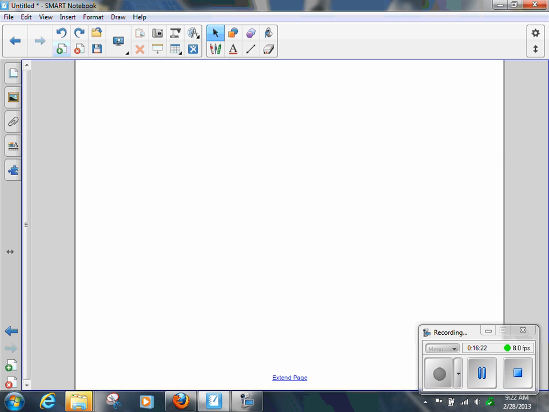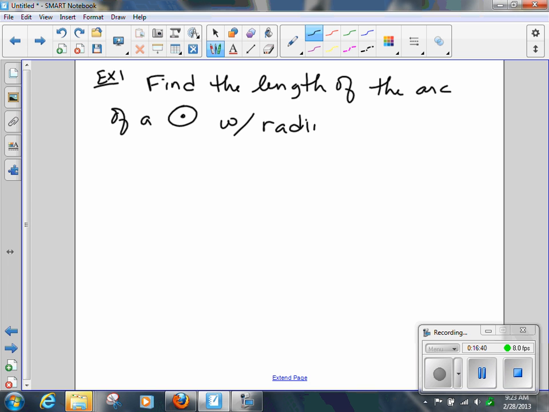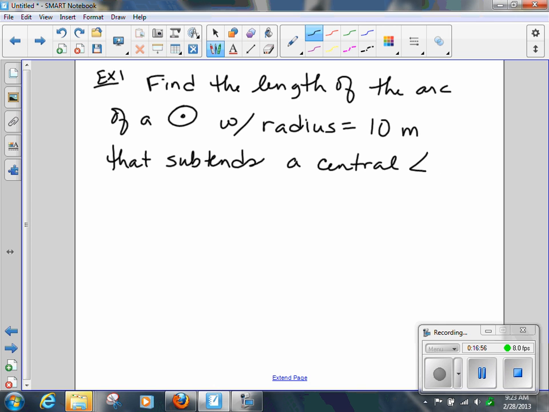Here we go. Check this out. This is so easy. I want you to find the length of the arc of a circle with radius equals 10 meters that subtends, S-U-B-T-E-N-D-S, new word, a central angle of 30 degrees.